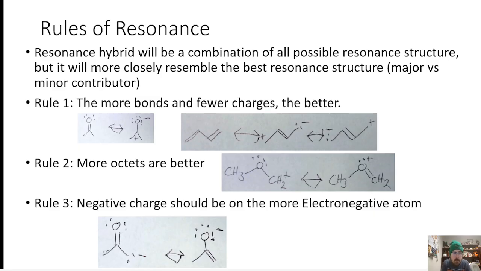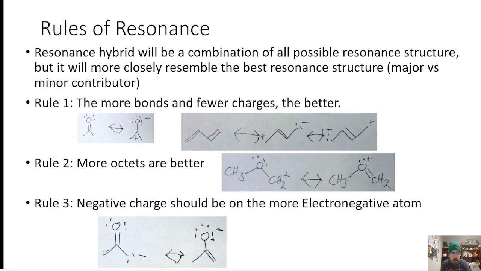Now, for this to be true resonance, there are some rules we must follow. The resonance hybrid will always be a combination of all possible resonance structures, but it will most closely resemble the best resonance structures. So if you can choose major versus minor contributors, you can see which the structure will most closely resemble.